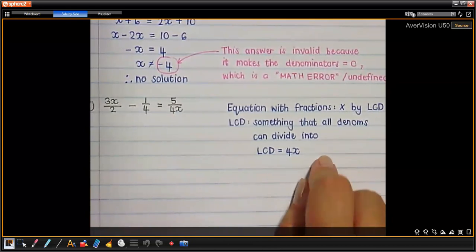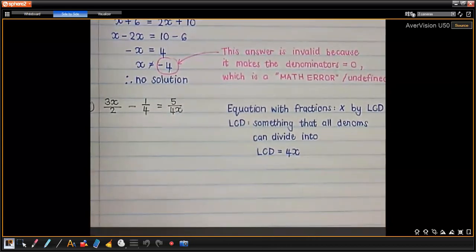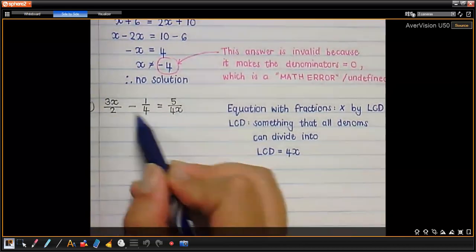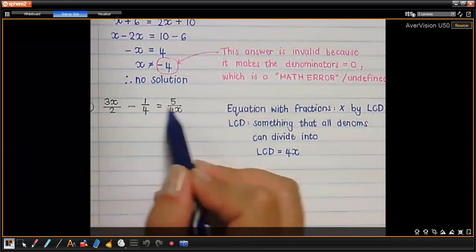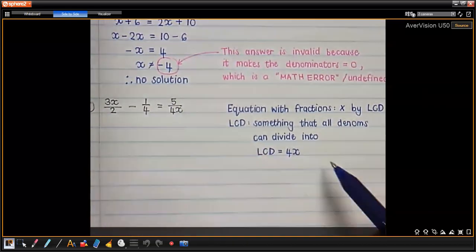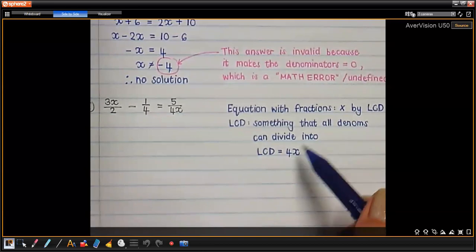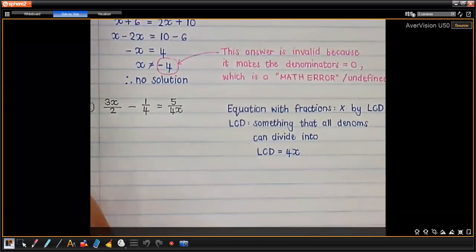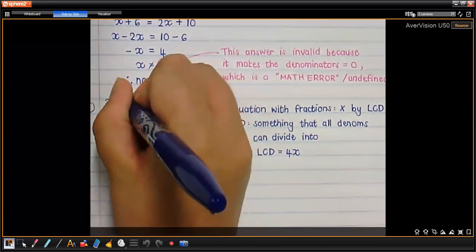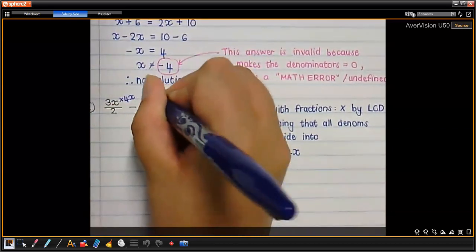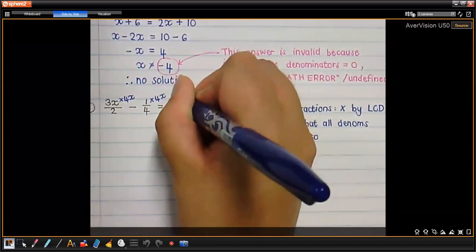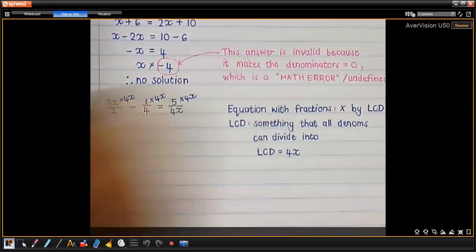So you look for the lowest common multiple of your numbers, and then all of the variables to their highest exponents must go into the LCD. And the LCD is 4x. So times 4x, times 4x, times 4x.